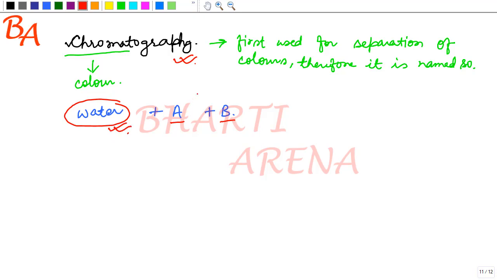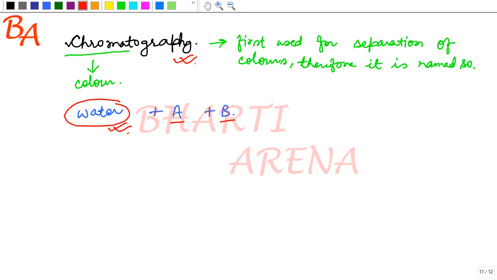Suppose one is soluble in fat and one is soluble in water, then they cannot be separated by chromatography. Only components soluble in a common, single solvent can be separated.